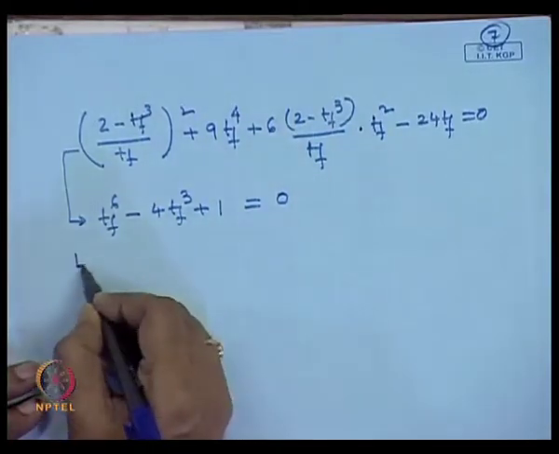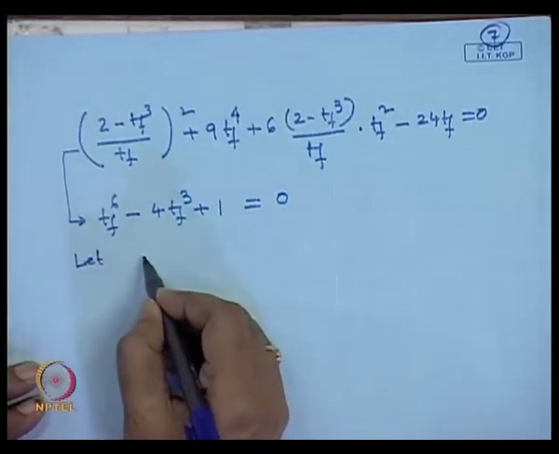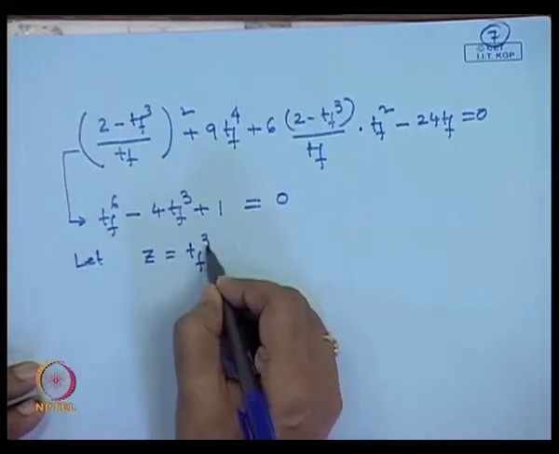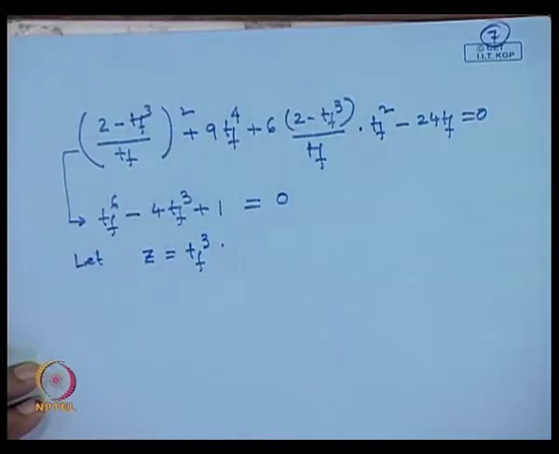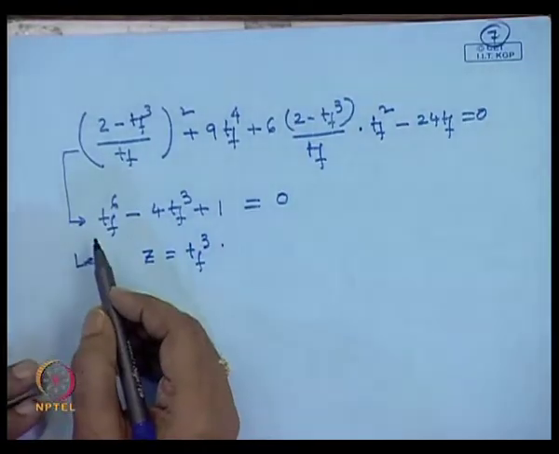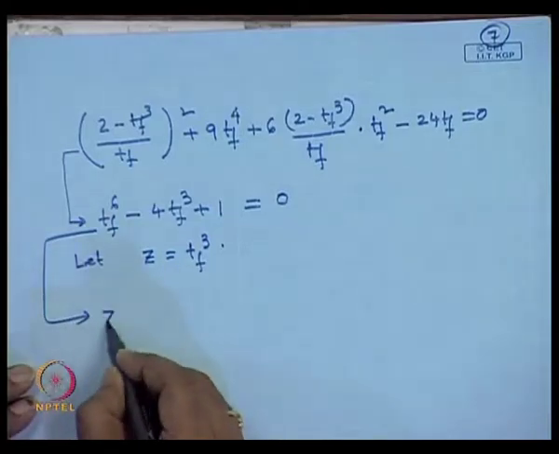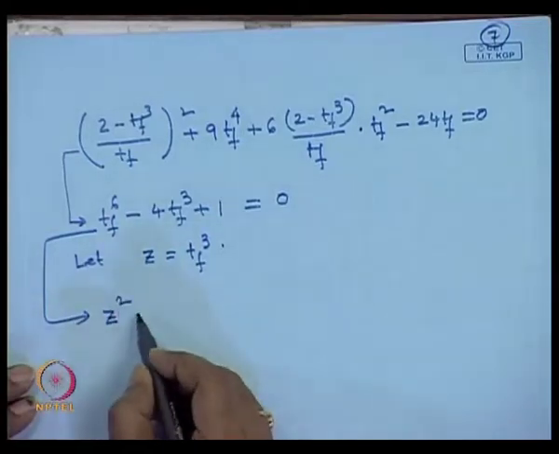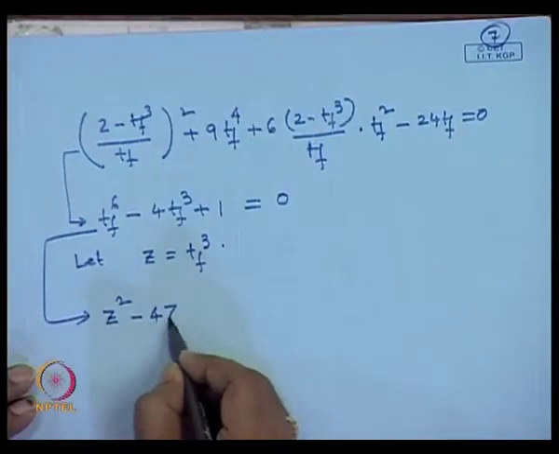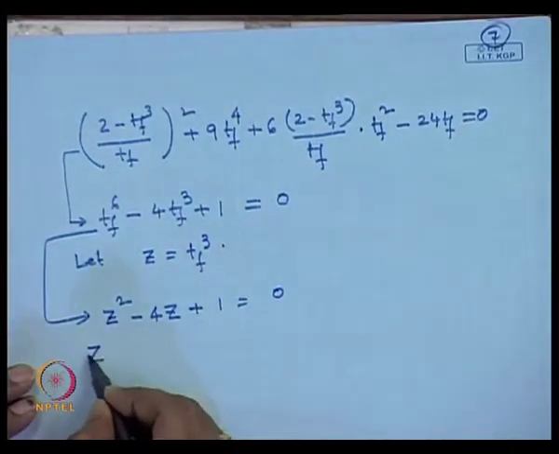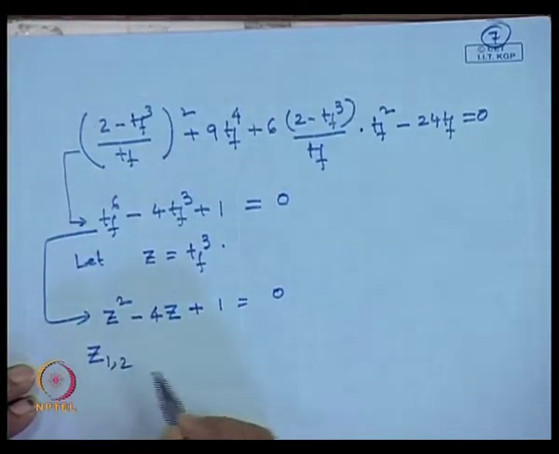Let Z is equal to T f cube. Okay. Now, I can write this expression as Z square minus 4 Z plus 1 is equal to 0. So, Z has 2 roots, quadratic form.